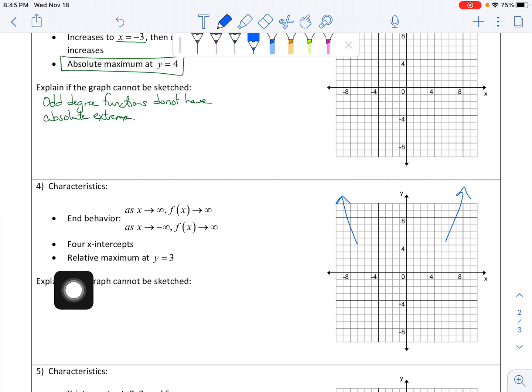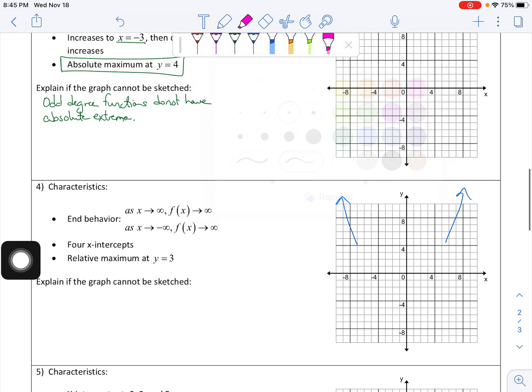For x-intercepts, okay, so I'm going to have to cross the x-axis 4 times, and a relative maximum at y is equal to 3. Now, one thing you might want to do is just give yourself a little notation here. This is y is equal to 3 right here. Okay, you can mark this graph up any way you want to.